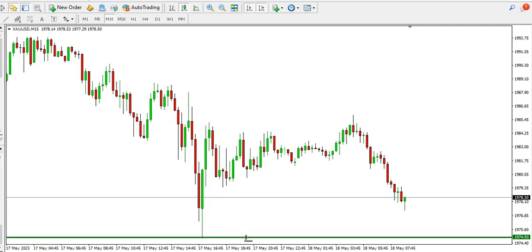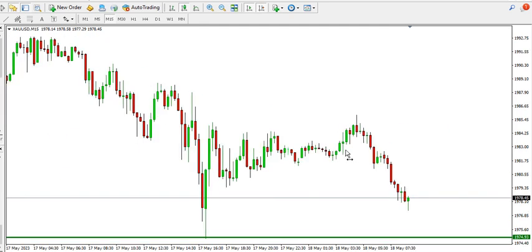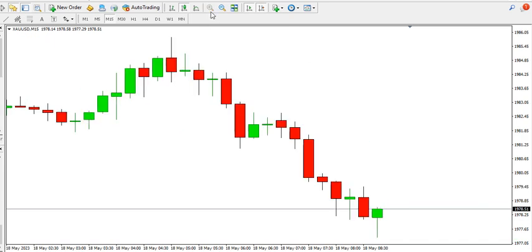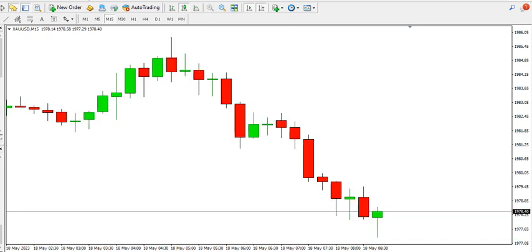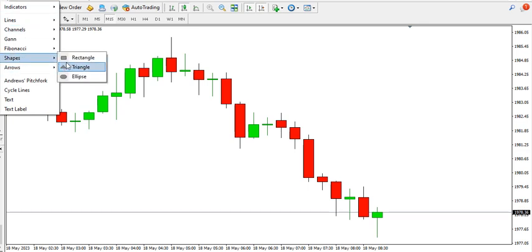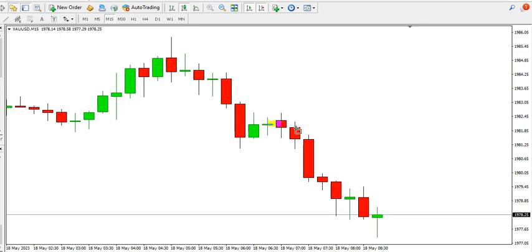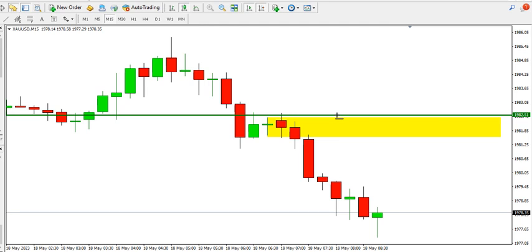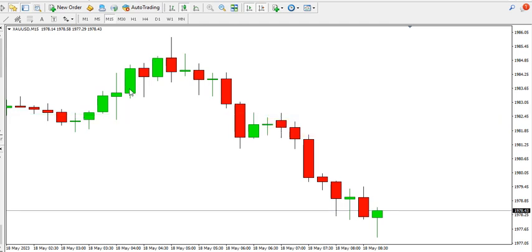The sellers are pretty active, and we have other blocks being created that could serve as resistance to price. Look at this other block here. If sellers are still in the market, they have their stop losses at 1982.5. So look for selling opportunities on the 15-minute time frame.